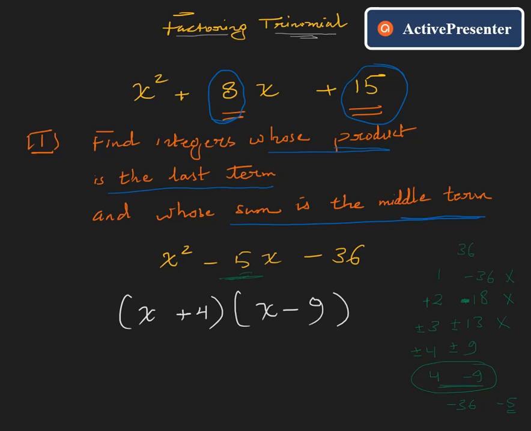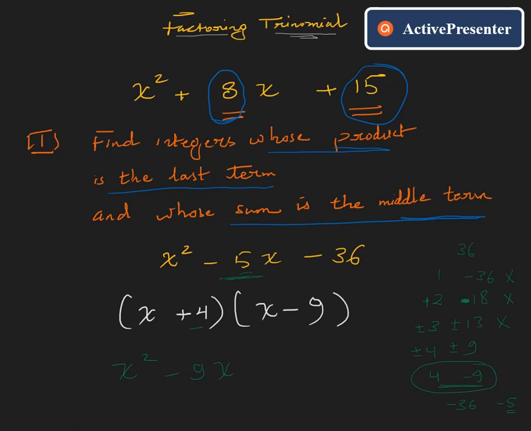To make sure, we will use the distributive property: x multiplied in here and x multiplied in here, and 4 multiplied in here and 4 multiplied in here. x multiplied in x is x squared. x multiplied in minus 9 is minus 9x.